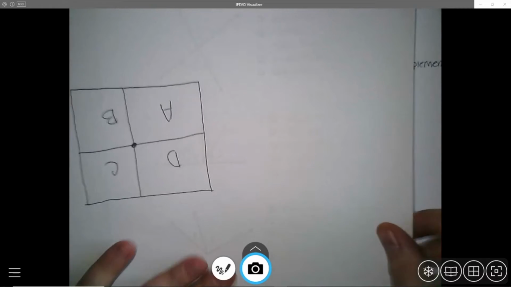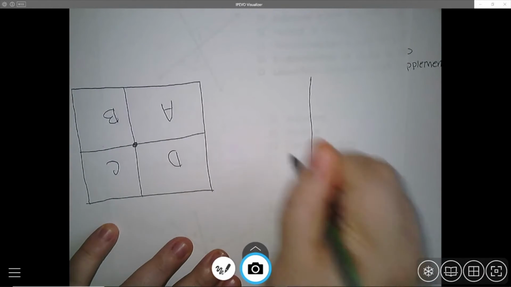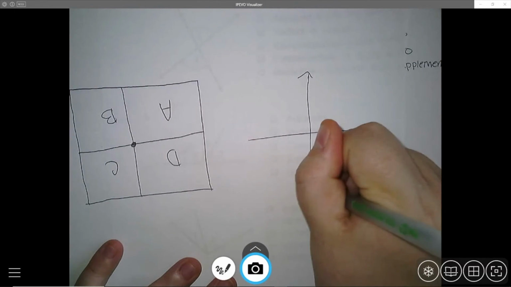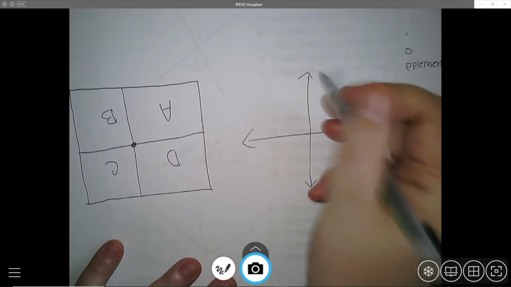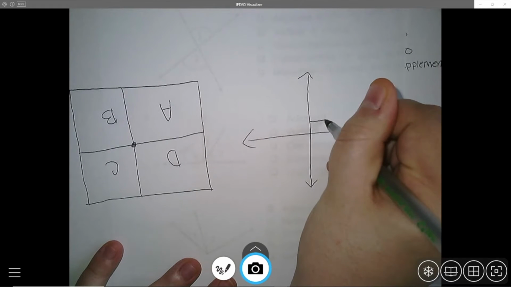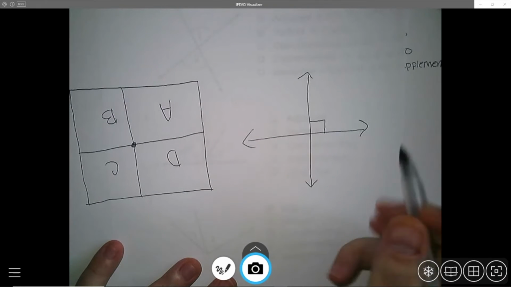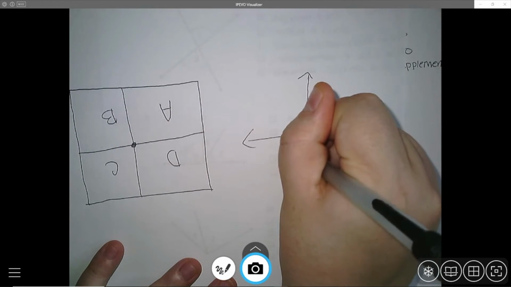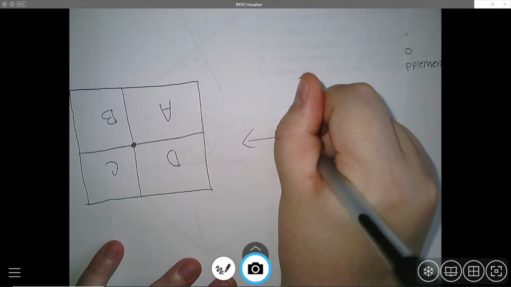That's because if I know lines are perpendicular, taking the simplest form of it, if I know that this up and down and side to side line are perpendicular, everywhere that they cross, I can put a box to represent 90 degrees.